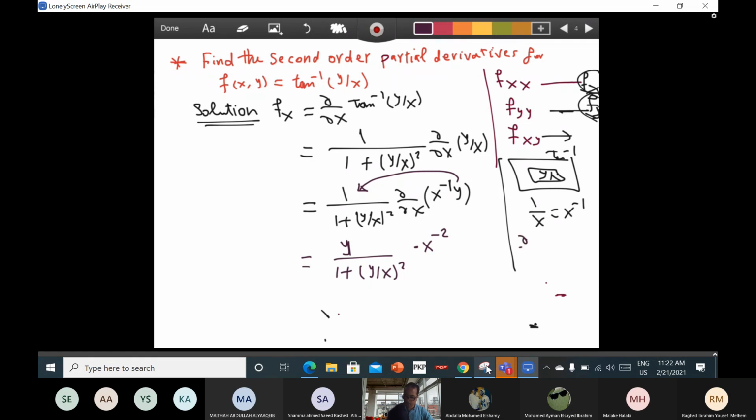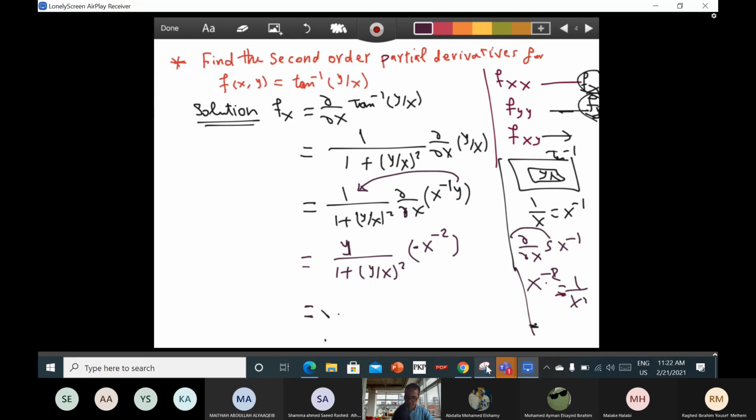Because when you take partial by partial x for 5x minus 1, you just take the 5 outside. Why? I consider y as a constant, so I can take it out because I differentiate with respect to x. So minus x to the minus 2, and I get this one out. X to the minus 2, I can write as 1 over x squared, right? And don't miss this minus.